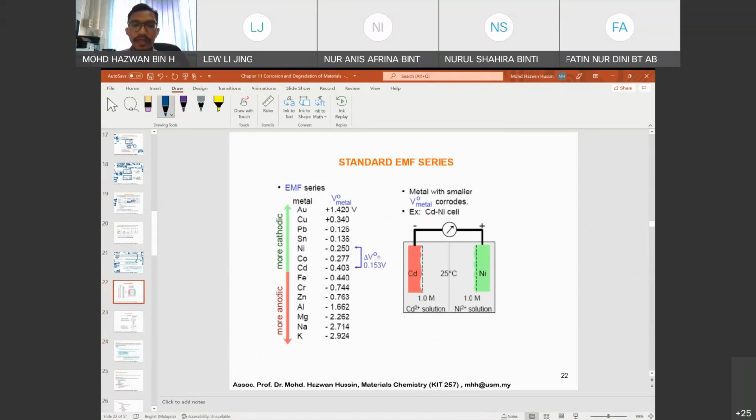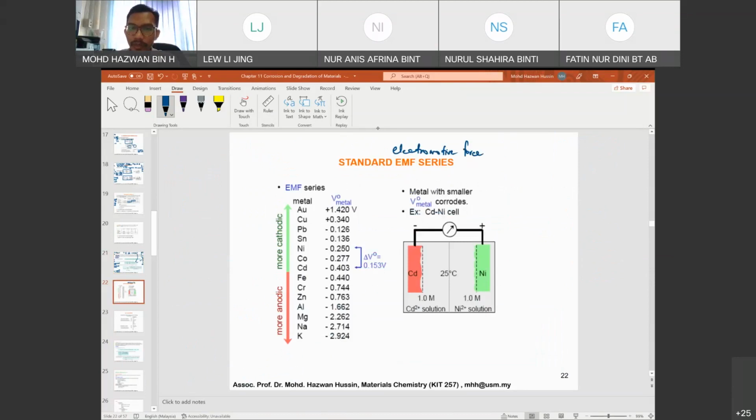Okay, so as I said just now, in order to determine which one is anode and which one is cathode, it is important to look at the standard electrochemical series, or EMF series. EMF stands for what? Electromotive force. Daya gerak elektrik lah.